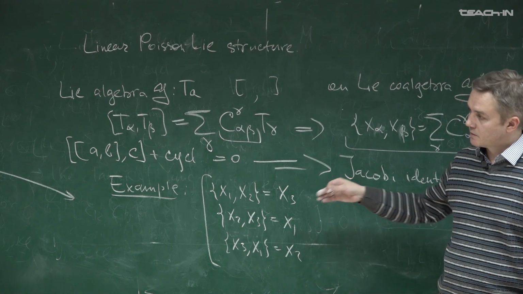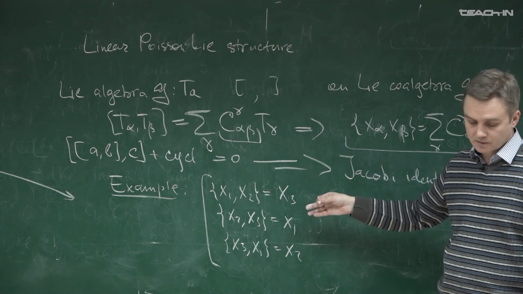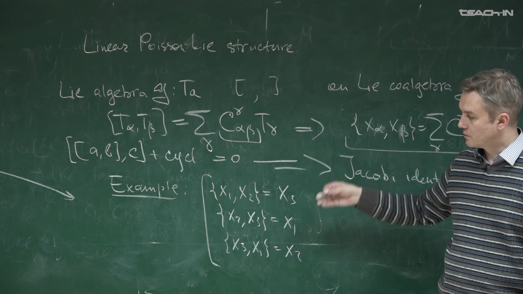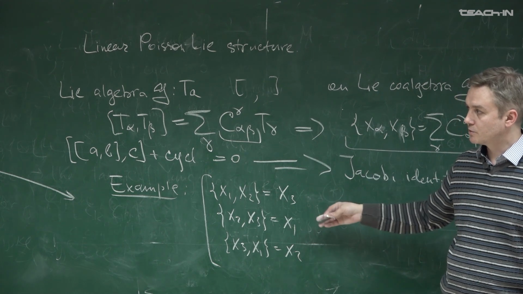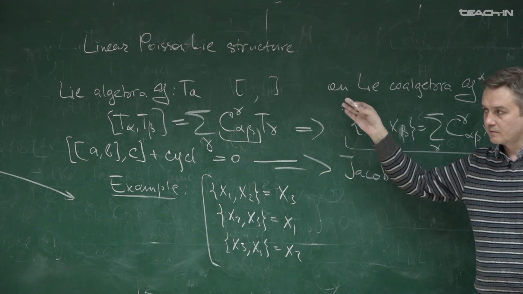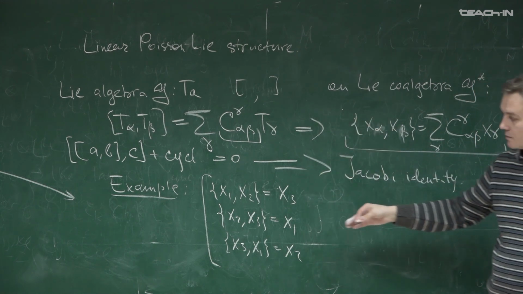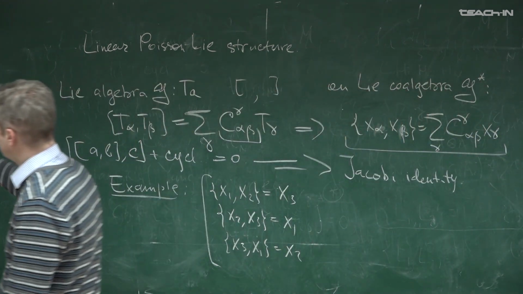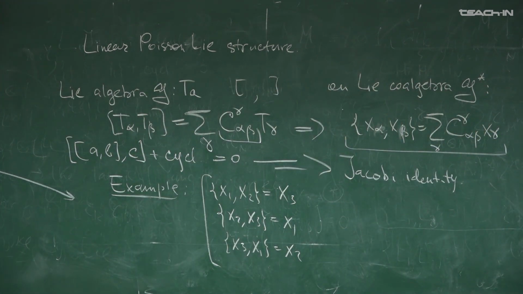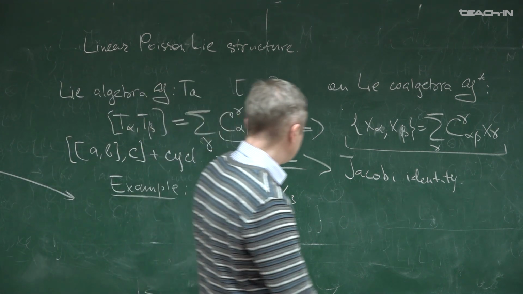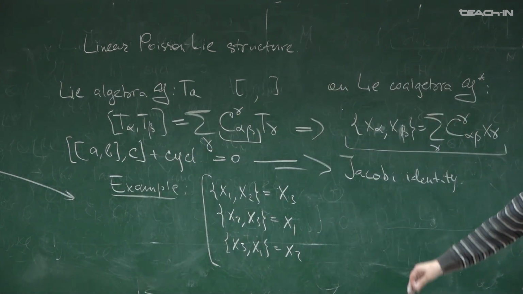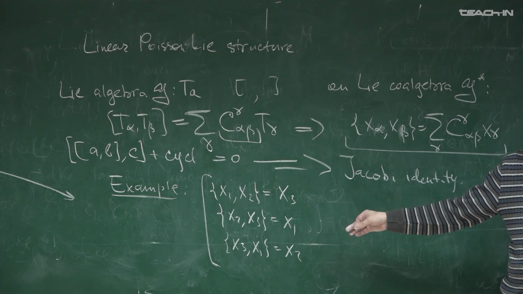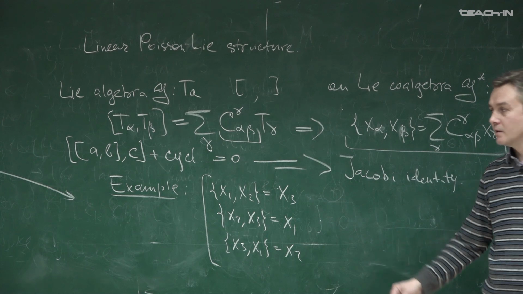But in this example, we may be sure that the Jacobi identity holds true just because we use this very natural construction. We write this right-hand side according to these relations. And for example, this bracket is used in mechanics, when you study the Euler top.